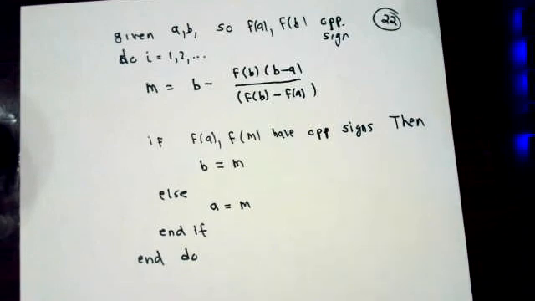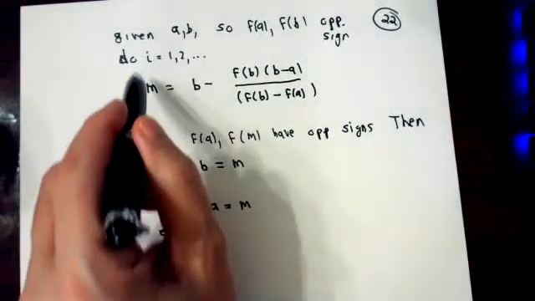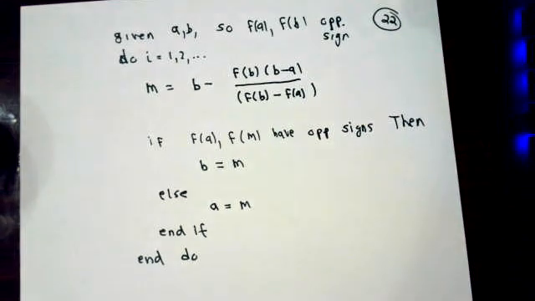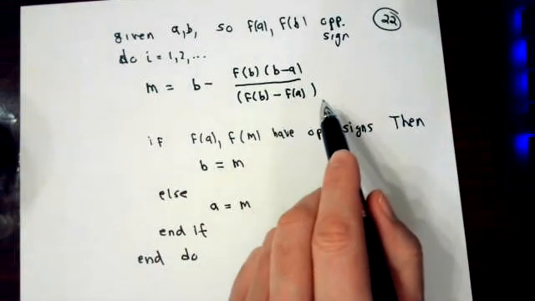This chunk of pseudocode is exactly the same as our initial version of bisection, with one exception: how I'm figuring out what the M is. If you go back and you look at the formula for the secant line, if one end is A comma f of A, the other end is B comma f of B, then the x-coordinate where that secant line cuts across the x-axis is given by this formula.